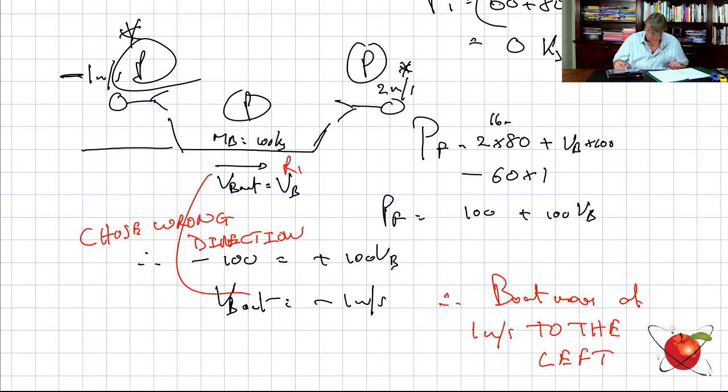I chose right here, and in actual fact, it moves at 1 meter per second to the left. That, I would say, simply is that.